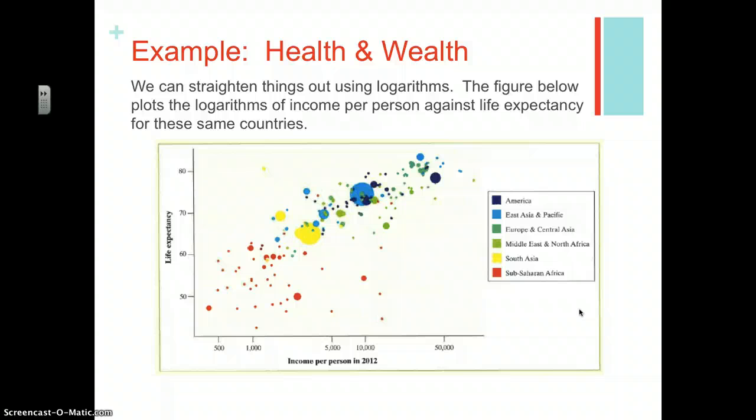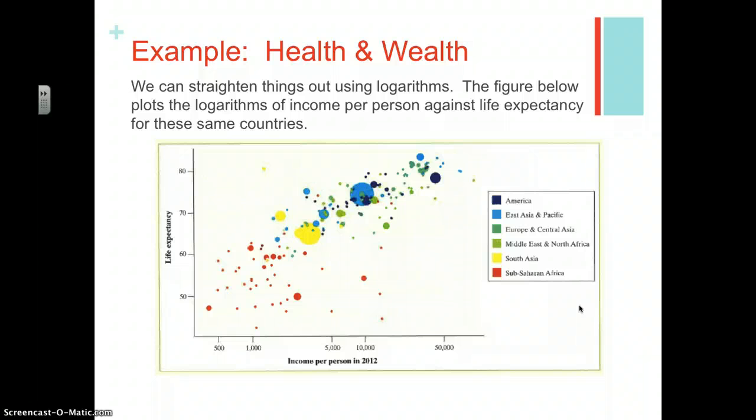So we can straighten things out by using logarithms. So the figure below plots the logarithms of income per person against life expectancy for the same countries. So this would be a plot of the logarithm of income per person against the life expectancy.